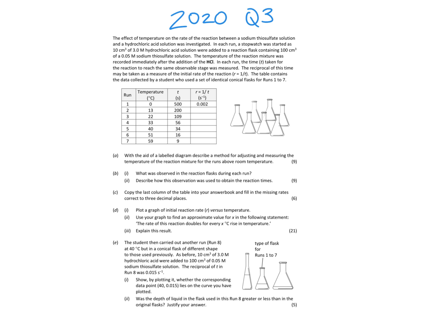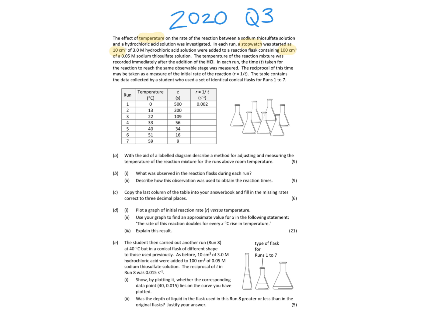So this question is looking at the effect of temperature on the rate of reaction between sodium thiosulfate and hydrochloric acid. In each run, a stopwatch was started as 10 centimeters cubed of 3 molar hydrochloric acid was added to a reaction flask containing 100 centimeters cubed of 0.05 molar sodium thiosulfate.